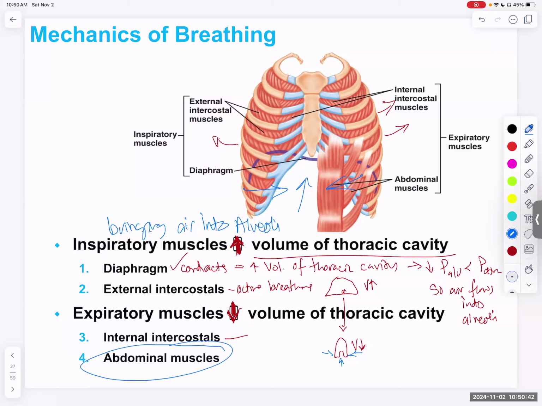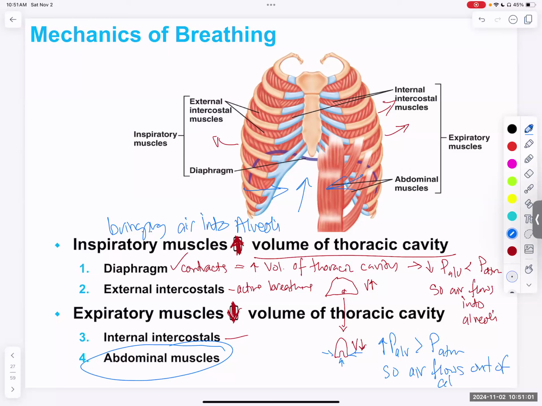We can also use accessory muscles like the abdominals, and we're basically creating a situation where the pressure in the alveoli is high. It's going to be higher than atmospheric pressure, so air flows out of alveoli. Remember, it's going from a high to a low.